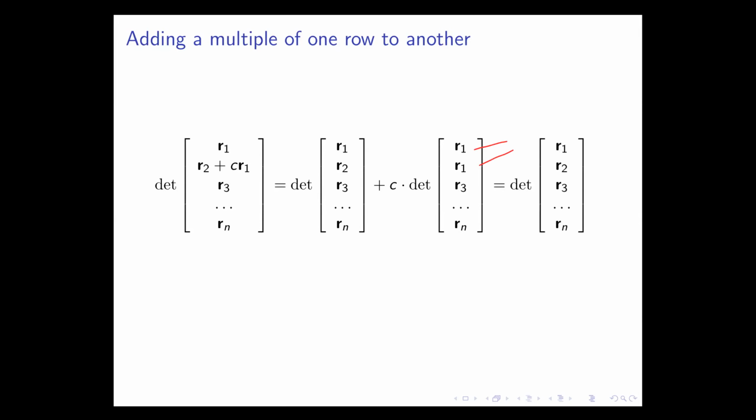And we just talked about that: because two rows are the same, this determinant is equal to 0. Therefore, the determinant does not change if you add a multiple of one row to another. So in other words, the row reduction procedure does not change the value of the determinant.